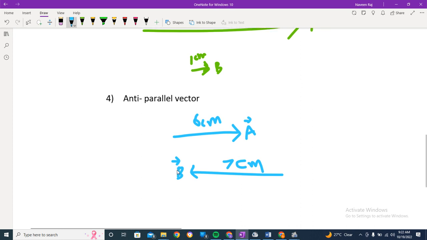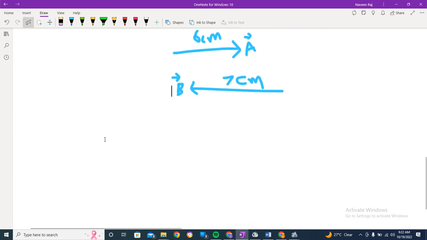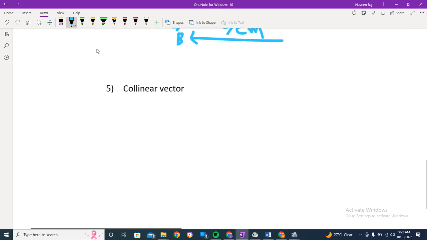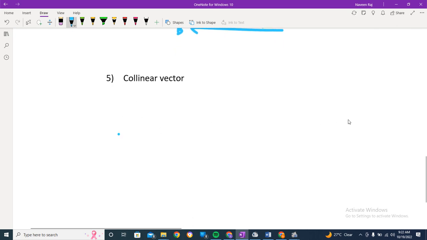So moving forward to the fifth type, that is the collinear vector. Now what does it mean? For this, I draw a straight line over here. Let's see if I'm able to draw it or not.